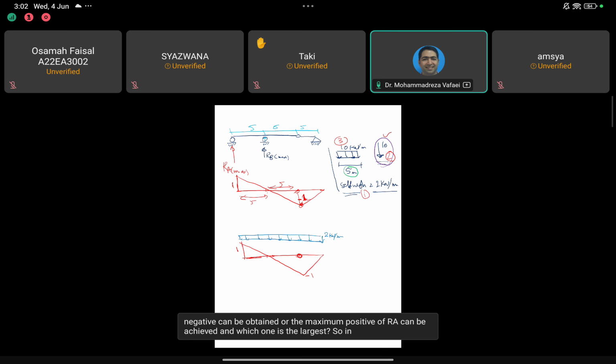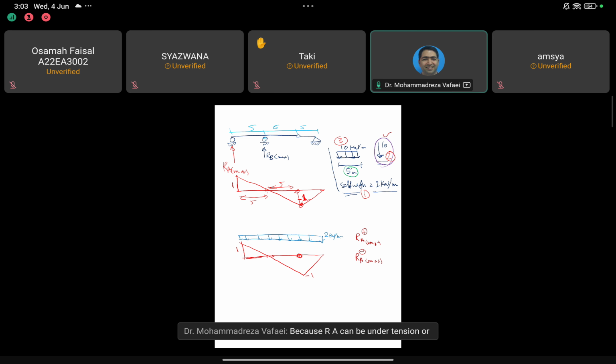So in this example, I will calculate 2 cases: RA positive max and RA negative max, because RA can be under tension or can be compression. For both cases, we need to do the calculation. So first, let's start with RA positive and see what we can get.